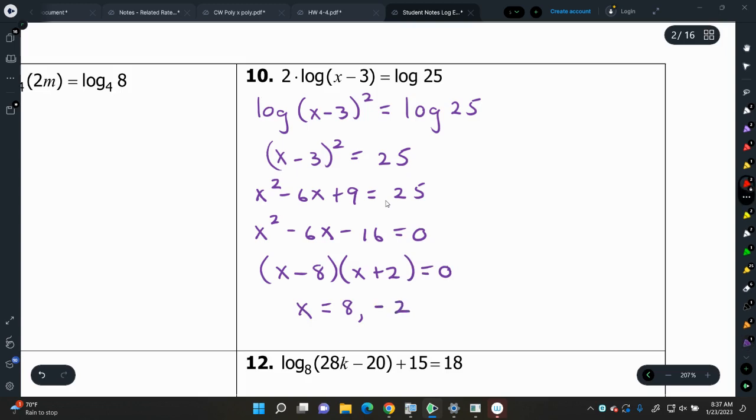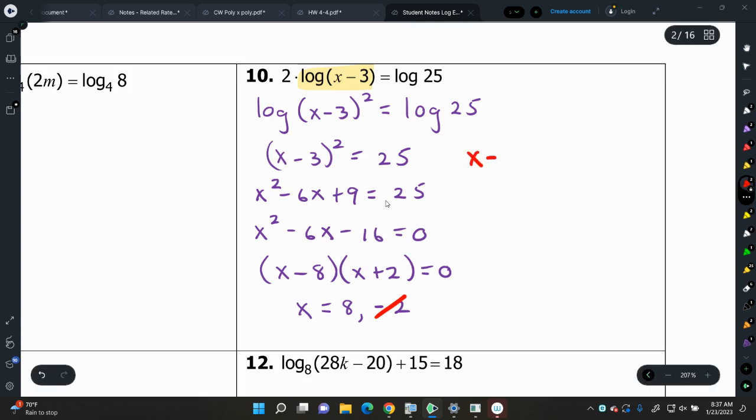It cannot be negative 2 because that would give me a negative log right here. When you get to x minus 3 squared equals 25, can you just square root them both? Then you get x equals 8. That's what I did. Get x minus 3 equals 5. Yes, you can. Be careful when you square root both sides.